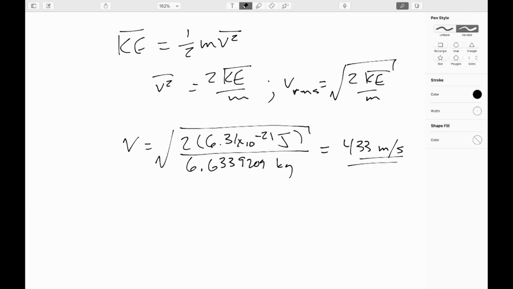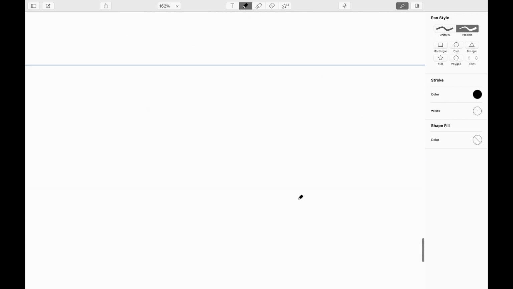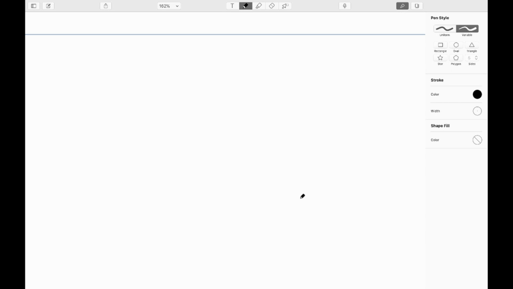Alrighty. And so with this, we can go back and revisit our model of thermal interactions and start to think about heat transfer. So let's say you're going to mix two gases.